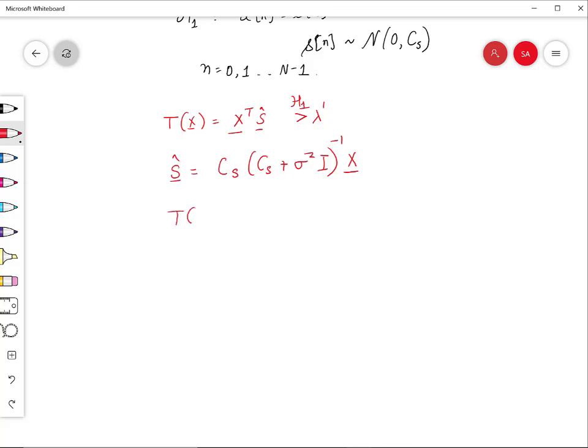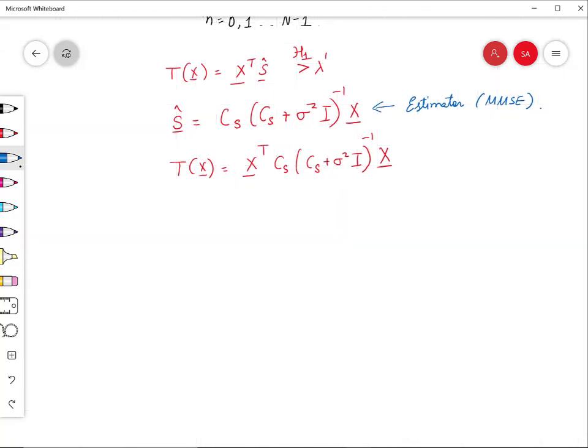So overall I can write T(x) as x transpose Cs (Cs plus sigma square I) inverse x. So this was our estimator. We know it was an MMSE estimator, and this particular entity is called the estimator correlator.